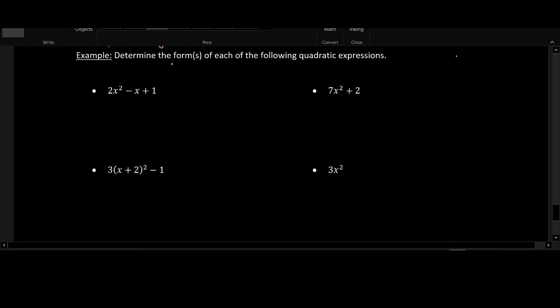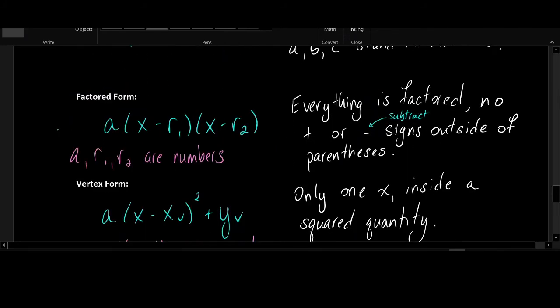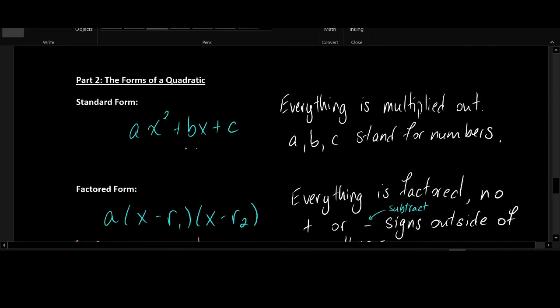Determine the form, or potentially the forms, of each of the following quadratic expressions. In the first one, we have 2 times x squared minus x plus 1. Now in this expression, everything has been multiplied out. There are no more products that we could calculate to simplify this expression, which is the characteristic of standard form.